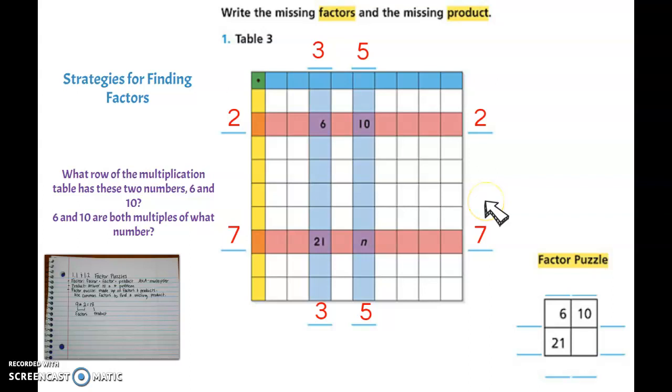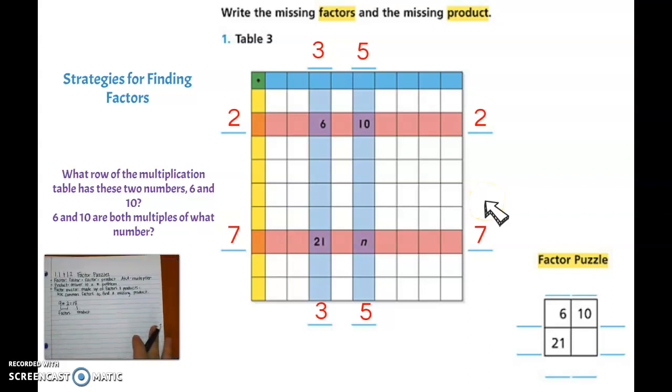So I'm going to go ahead in my journal and show you real quick how to solve this factor puzzle. You've got a little bit of a hint with the multiplication table on this one. You won't always have the multiplication table, but for now it'll be there. So I sketch out my factor puzzle. I've got 6, 10, and 21. And we started off by thinking, okay, 6 and 10 have a common factor of what?